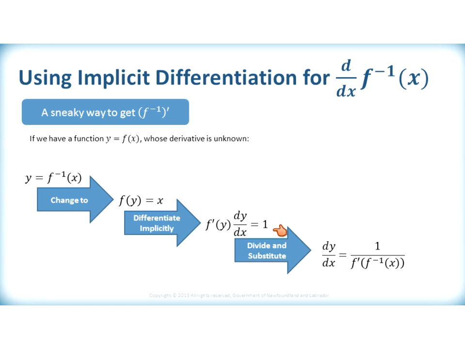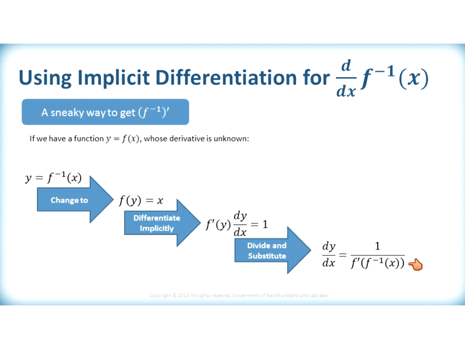Then it says divide and substitute. So all I have to do is take dy over dx is going to be equal to 1 divided by f prime of y. But remember that y is, of course, going to be equal to f inverse in this case.